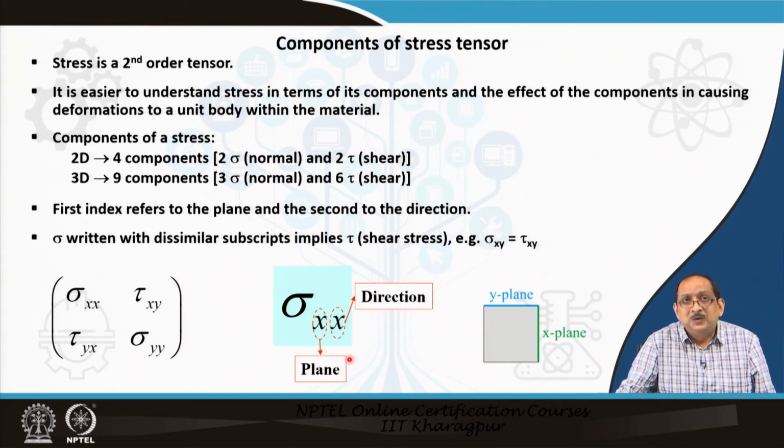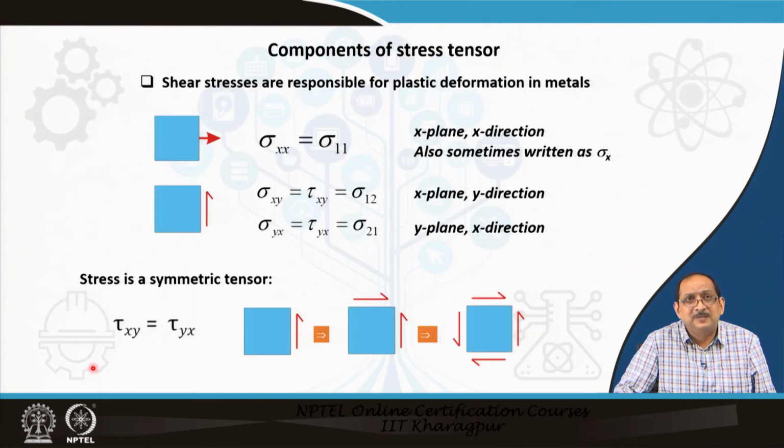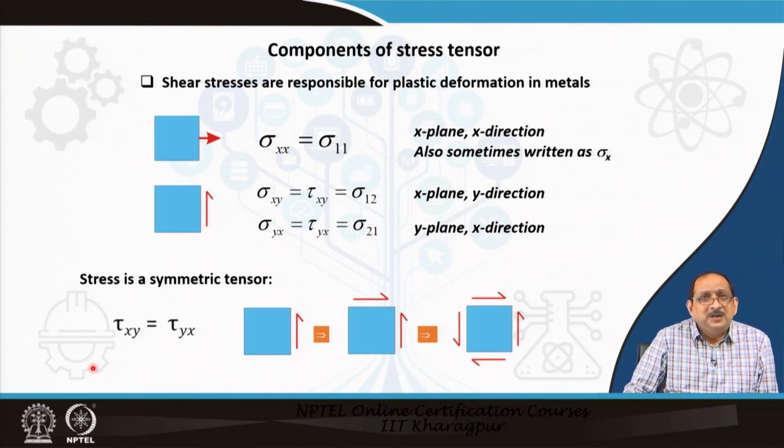So, the 2D stress components are sigma xx and sigma yy, the normal stresses, and the shear stresses tau xy and tau yx, which are complementary shear stresses. Now, shear stresses are responsible for plastic deformation in metals.